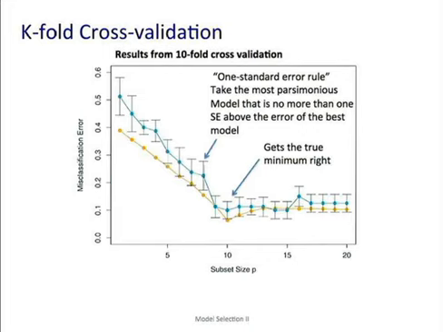Now, that's all well and good if you have a nice curve. What you'll see in practice is that we don't always get this nice U shape. We might have a bunch of weird things happening, especially with methods like KNN, and it's not so easy. And here's the other thing. You might not have one standard error anywhere.